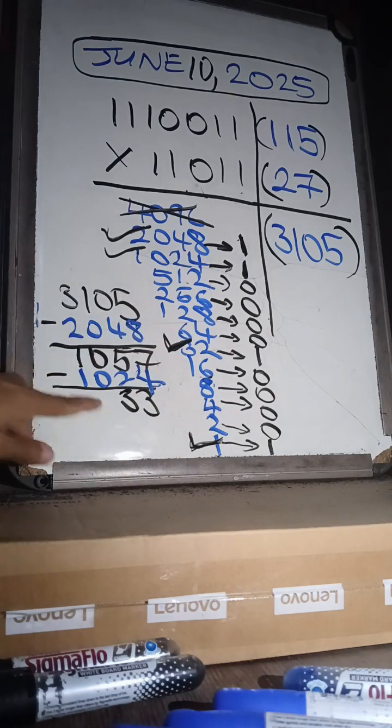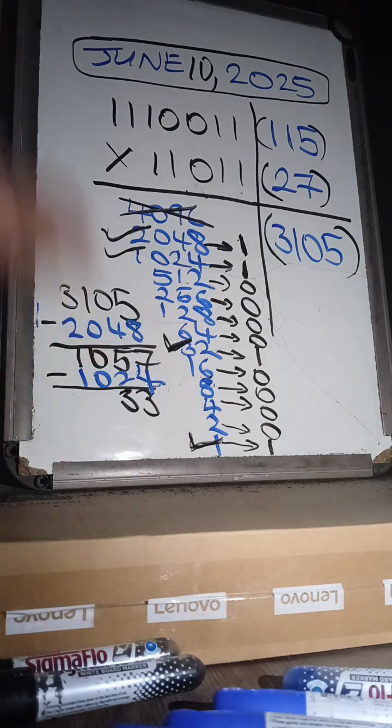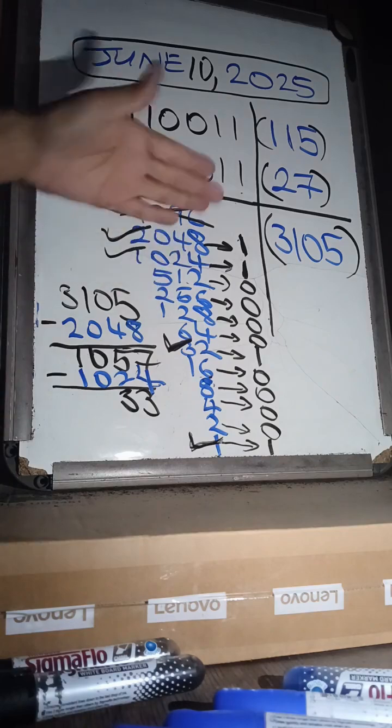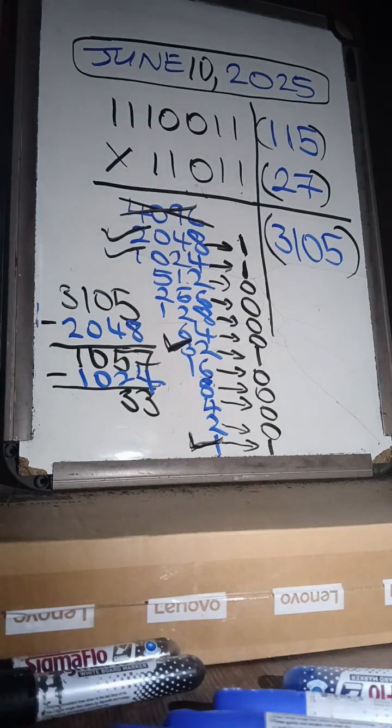So if we add 33 plus all of that, you end up with 3105. So what you're really trying to do is find out the max number of the powers of 2 that can fit into the 3105. Right? And that worked like a charm because there's nothing else to do.